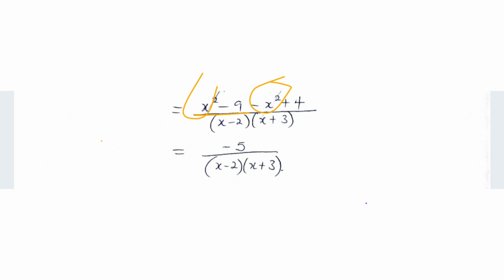Then we simplify negative 9 plus 4, which gives us negative 5.